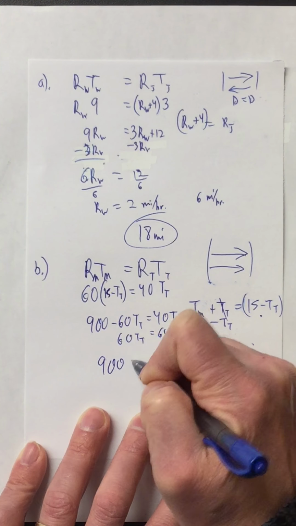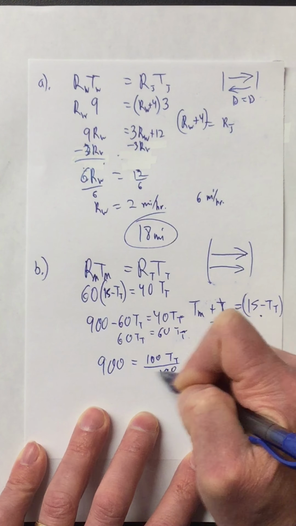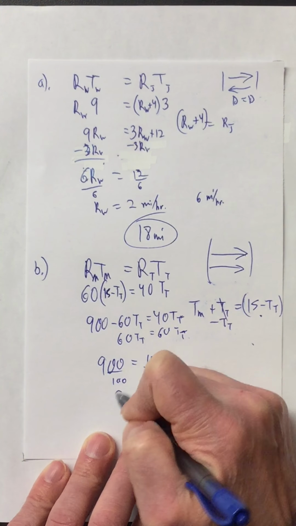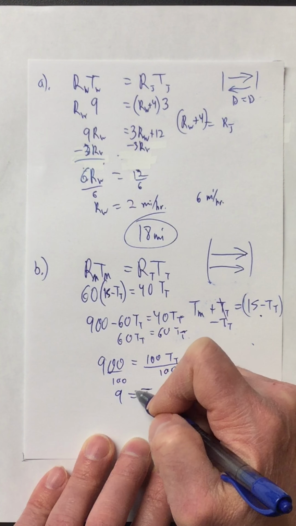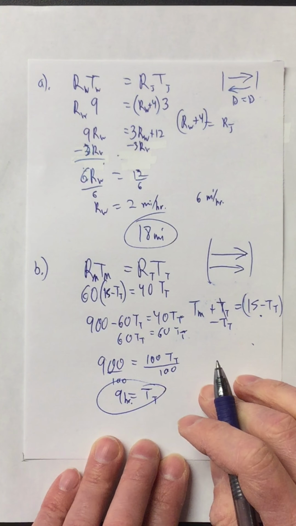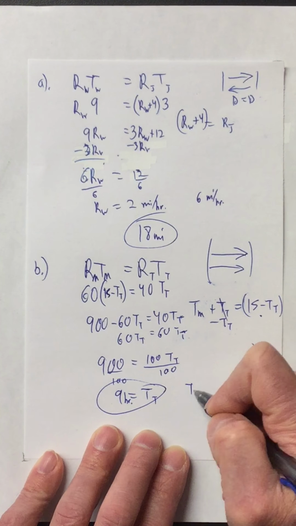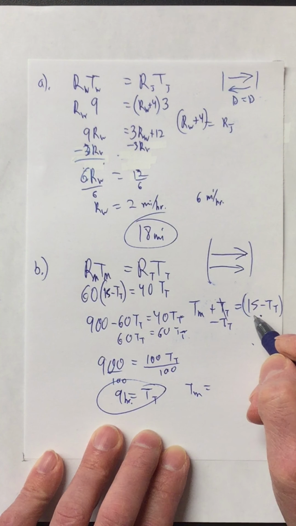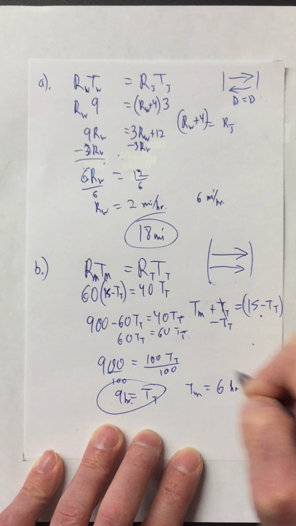Looks like 900 is equal to 100 time of t. Divide both sides by 100, and it looks like 9 is my time on Tuesday. So it took 9 hours. If it took 9 hours on Tuesday, how much time did it take on Monday? Well, 15 minus 9, so Monday is going to be 6 hours.